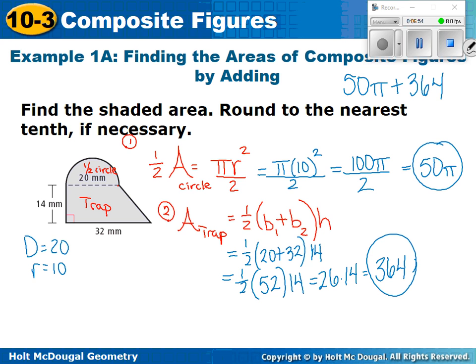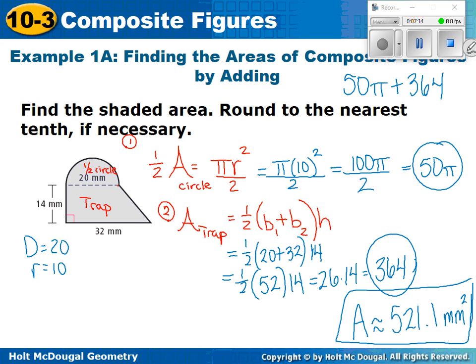What do we get for our final area? To the nearest tenth. 521.1. Somebody agree with Ruben? All right, 521.1 units, millimeters squared because we're finding area. Don't forget to square your units, but only if you're finding area.